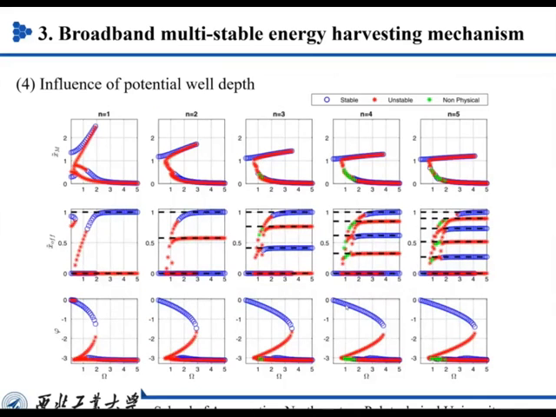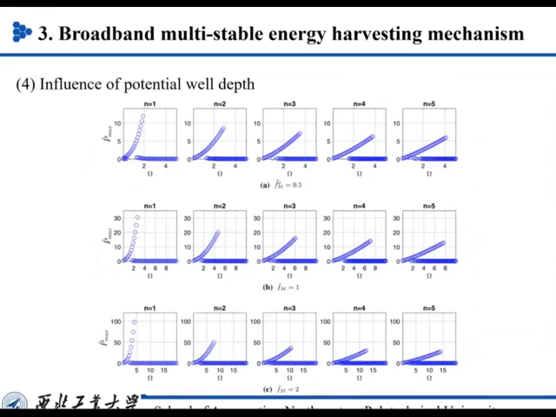That means as the equilibrium positions increase, the energy barrier also decreases. It can efficiently harvest energy in a wider frequency range, but the output power may be lower. This is for N equal to 1, 2, 3, 4. As it changes, we get the simulation.